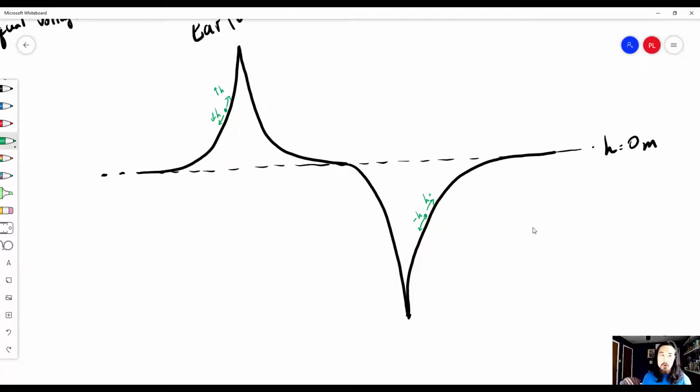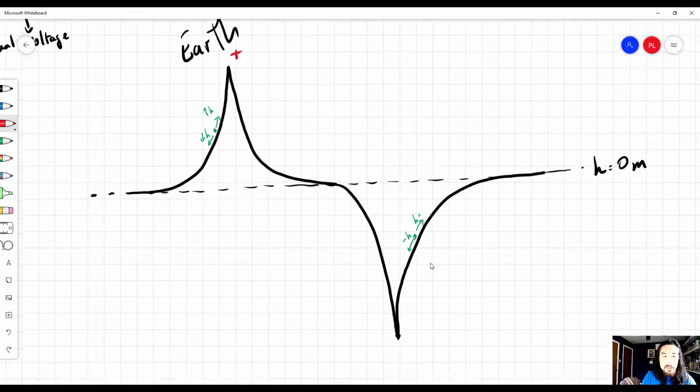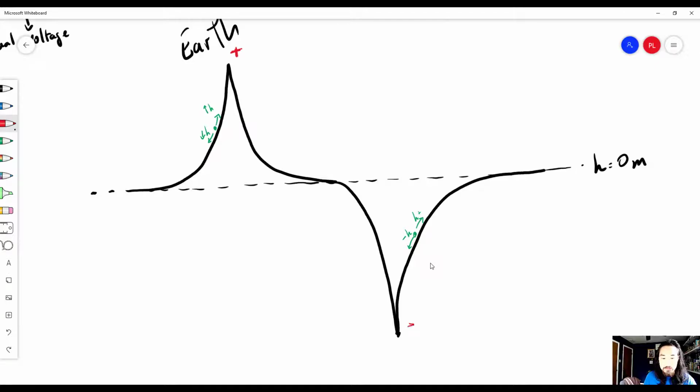Now let's flip this on its side, and instead of thinking about the Earth, let's think of this as electricity, or electrical charges. And so the mountain is what we can consider to be a positive charge. And this valley here, well, that would be our negative charge.